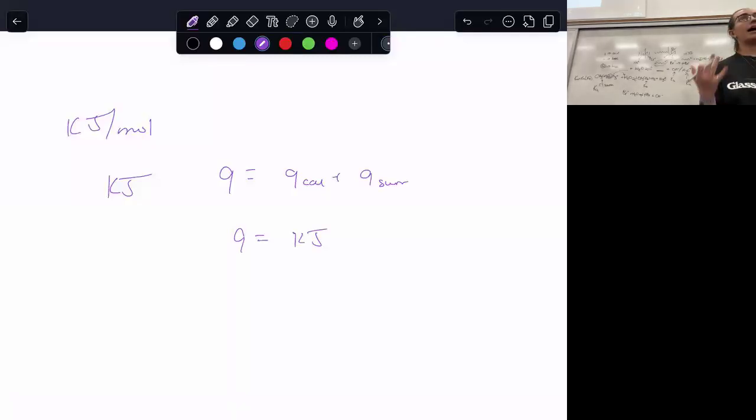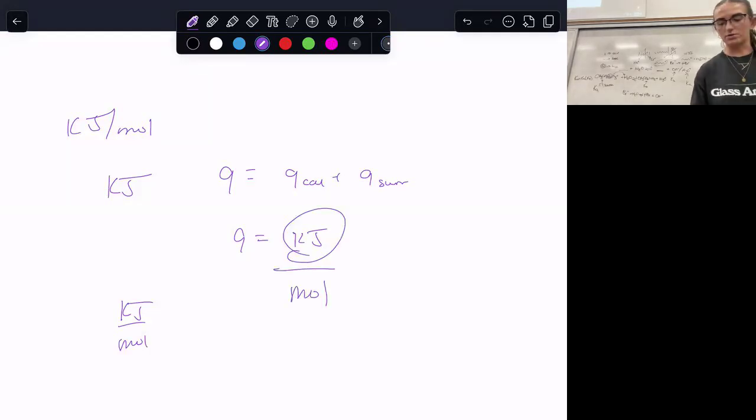The question then asks for what is this in kilojoules per mole? So taking that kilojoules, you're saying per mole of whatever reactant I have, divide that by the moles, and now per mole of whatever's reacting in the bomb calorimeter is what Q actually becomes.